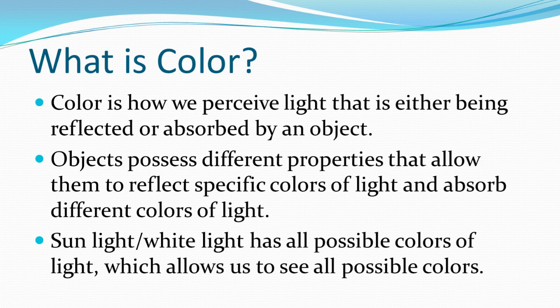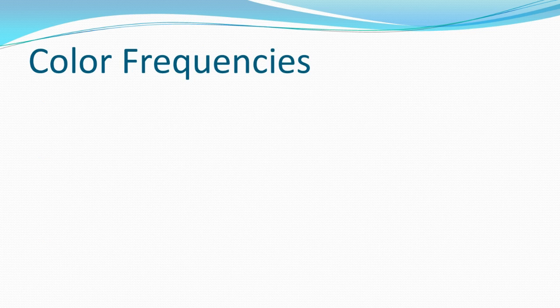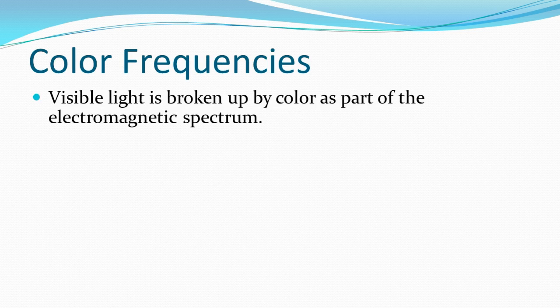Sunlight or white light has all possible colors of light, which allows us to see all possible colors. We know that white light contains all of the colors because when we refract it, we see all of the colors. The electromagnetic spectrum showed that visible light is broken up by color. The frequency determines the color approximately.